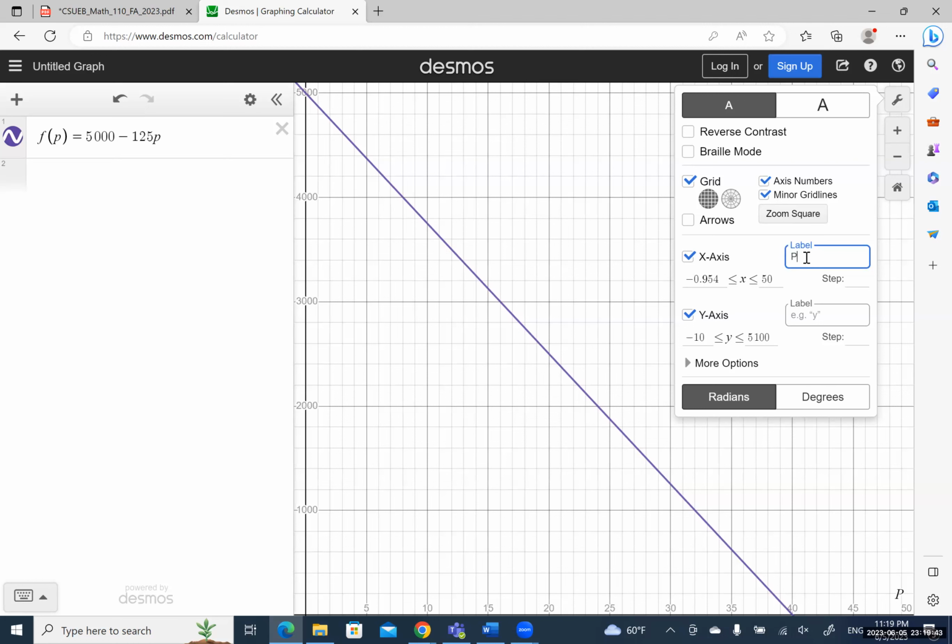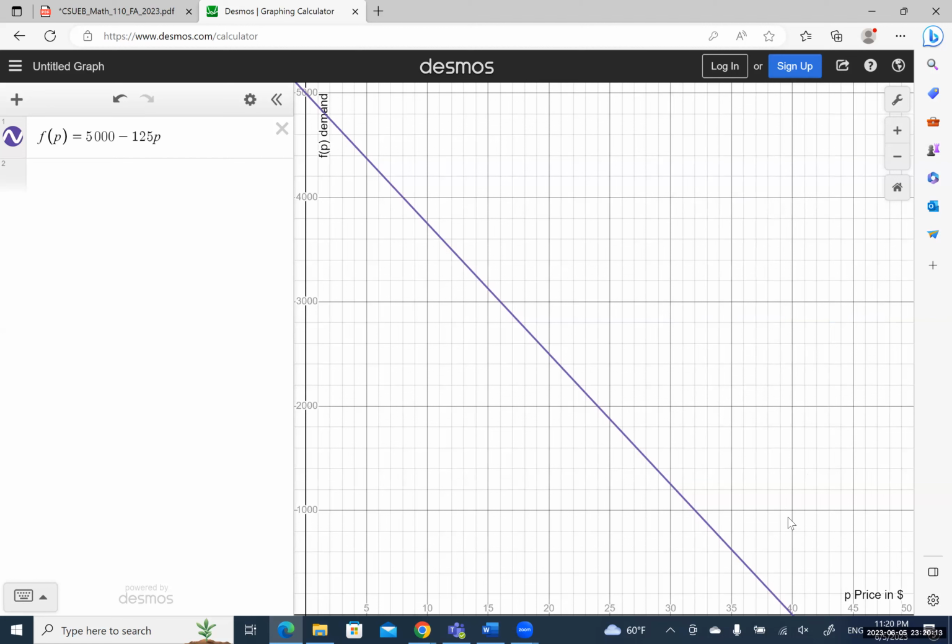You will say price in dollars. What do you label for the y-axis? Say f of p, which is demand.